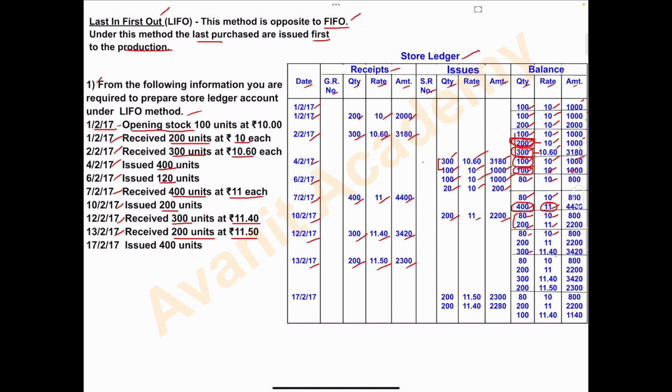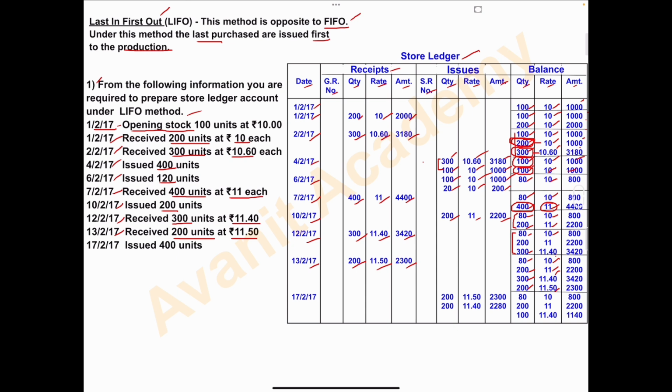Write balance as it is, that is 80 units, rate per 10, 800, 200, rate per unit 11, 2,200, 300, rate per unit is 11.40, 3,420, and now add the recent purchase, that is 200, rate per unit is 11.50, and the total amount is 2,300, and close this.